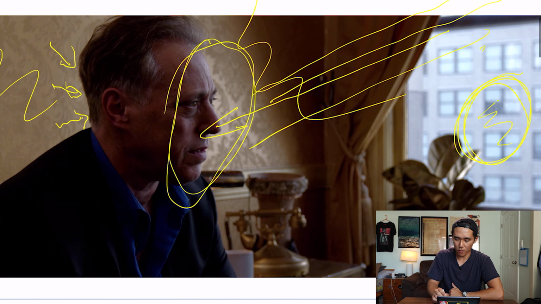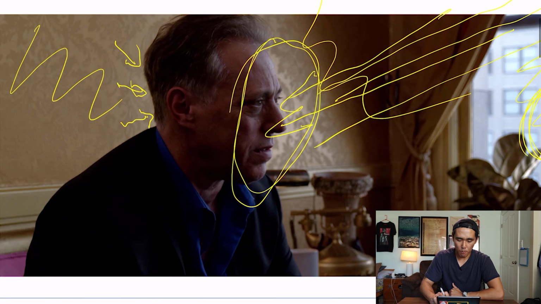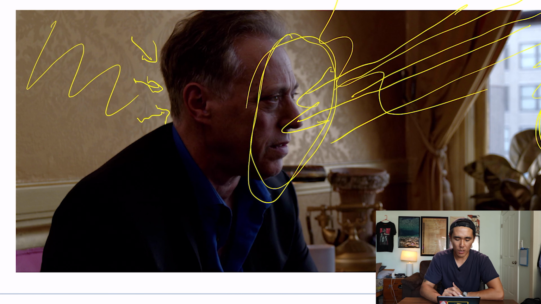But in my opinion, I don't like to follow the whole motivation rule to a T. There is a certain extent to where I agree with it, and I think it makes it look a lot more aesthetically pleasing. For example, the window over here and the 300D, that's a motivated light source. But the backlight isn't a motivated light source.